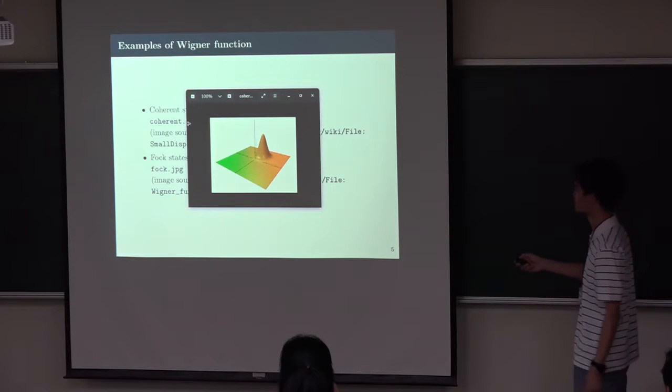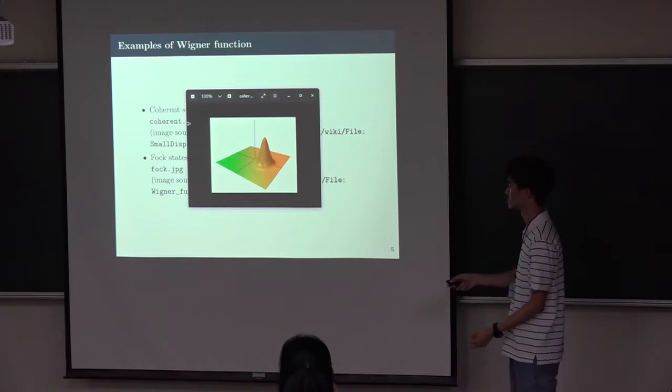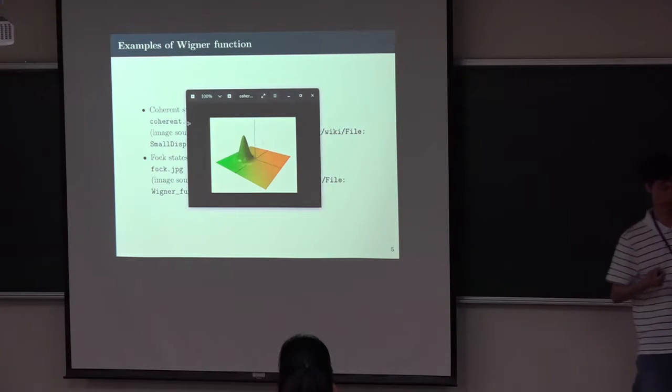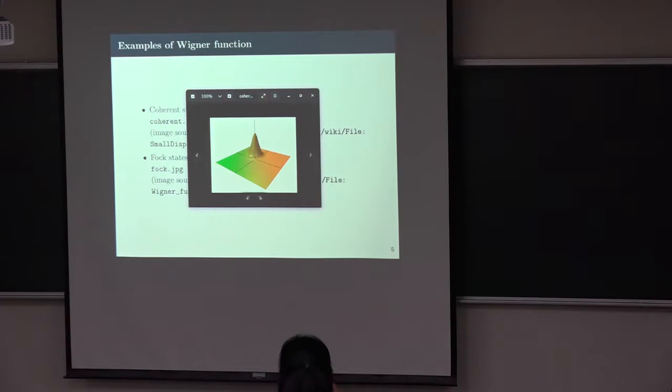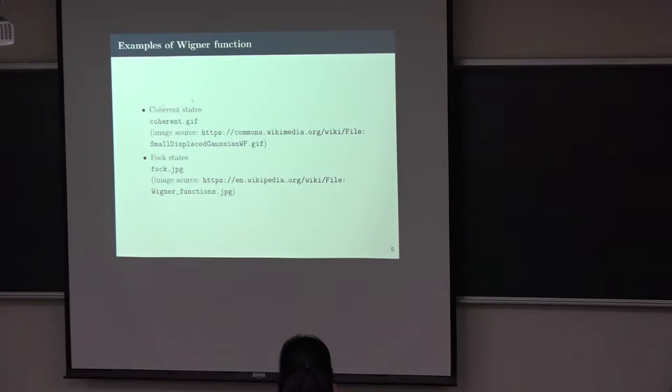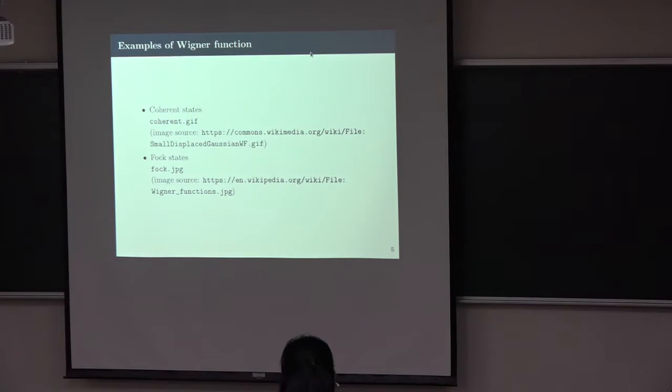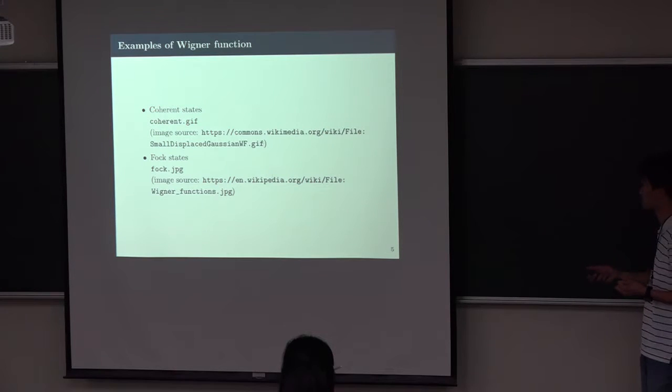So you can see here very clearly the uncertainty in the momentum part and the position part, very much like a probability distribution. But it's not a true probability distribution. For example, for the Fock state, the number state of a harmonic oscillator, it contains negative values here. So it's not really a probability distribution. And also, a Wigner function can describe mixed states, not just pure states.